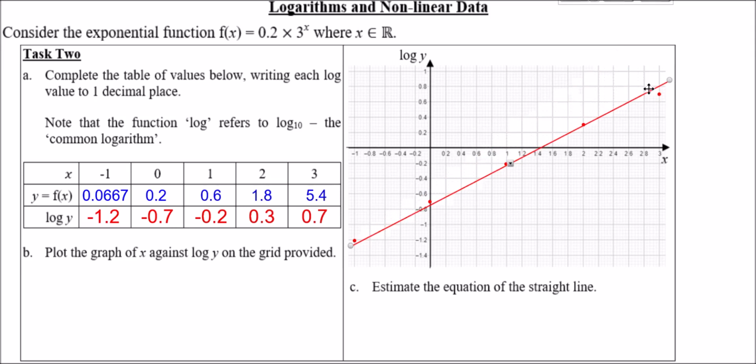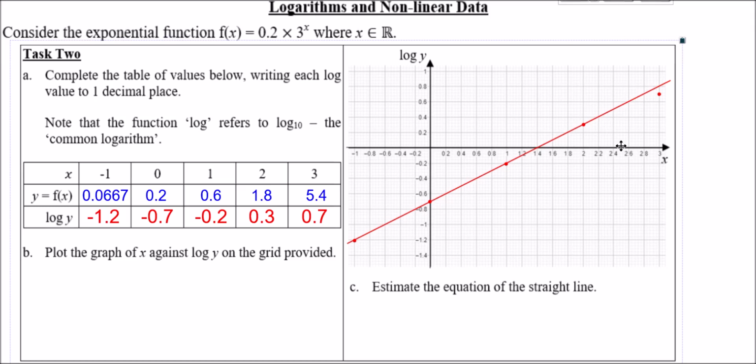So maybe about there. That looks pretty close to almost all points as far as I can see. That goes through all of these very nicely. So now we need to estimate the equation of this straight line.